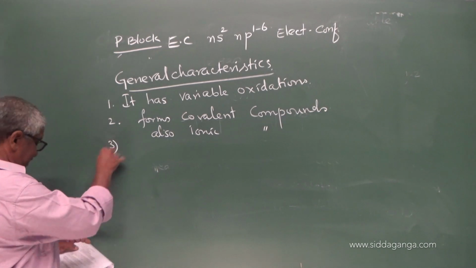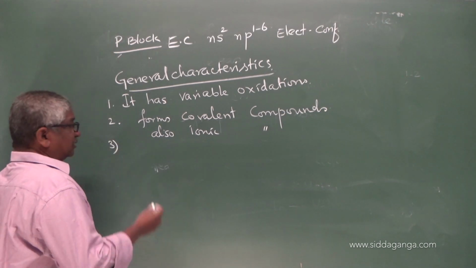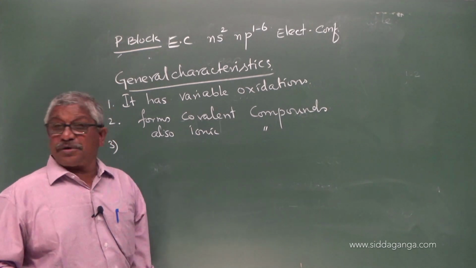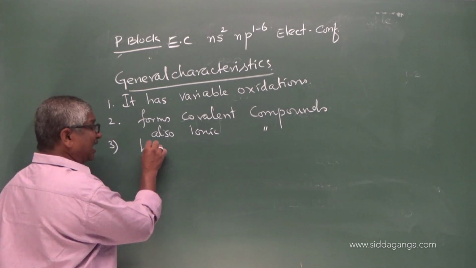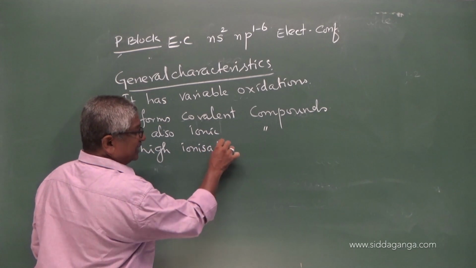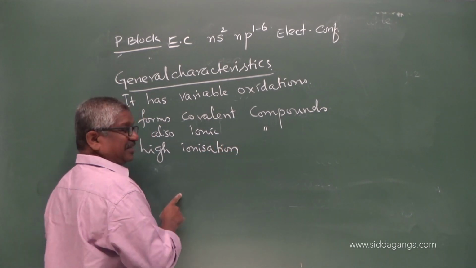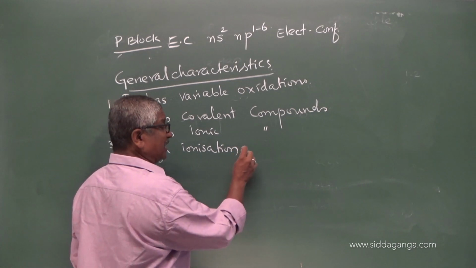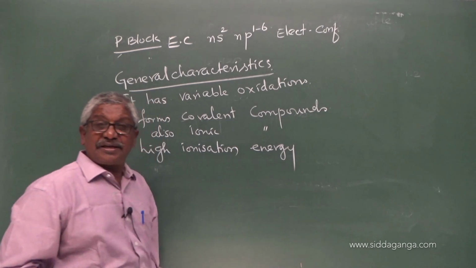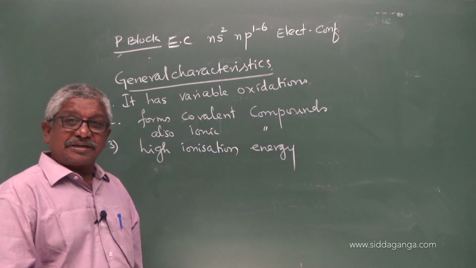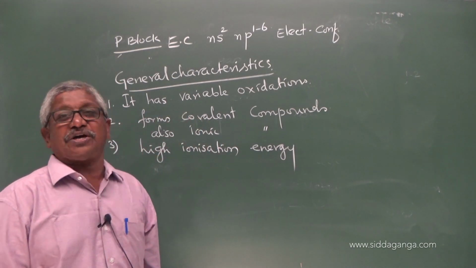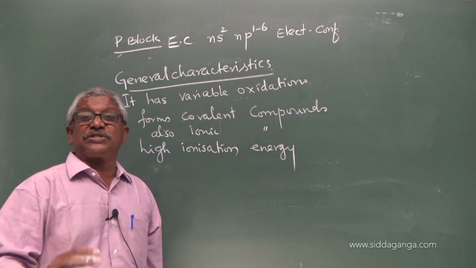Next, in the third point, S block has low ionization energy, but P block has high ionization energy. What is ionization energy? The energy supplied to remove an electron from the outermost orbit or outermost energy level.